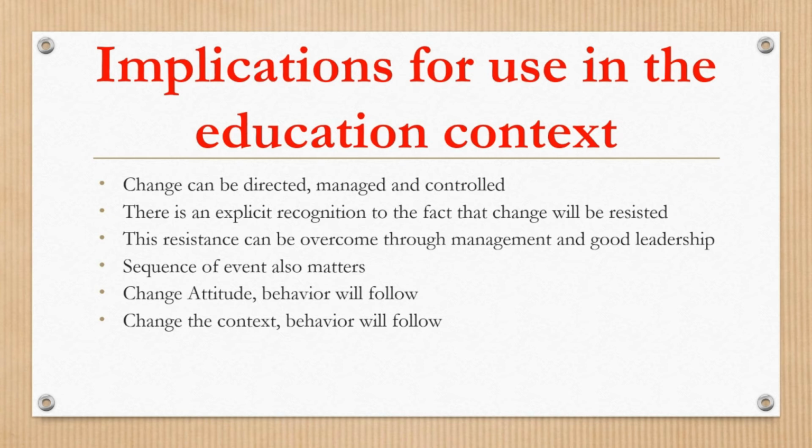As pointed out, once we know resistance is critical, it is imperative for us to know what type of change and management style will overcome what type of resistance. Hence, we treat each person involved in the change as an individual. Sequence of events also matters.